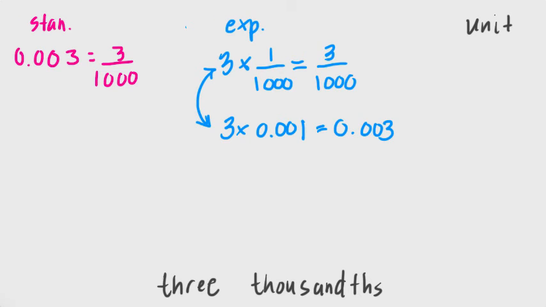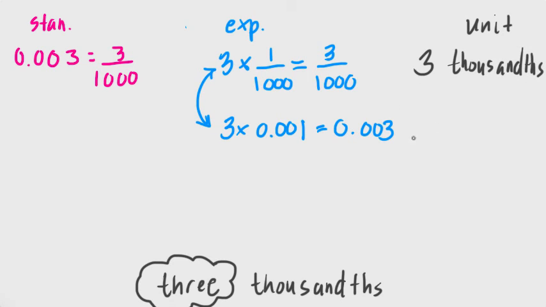And so when we go to the last one, we get the unit form. We simply take the number, in this case it is 3, and then we write the unit name, which is thousandths. And we have a beautiful representation of the unit form, the expanded form, and the standard form.